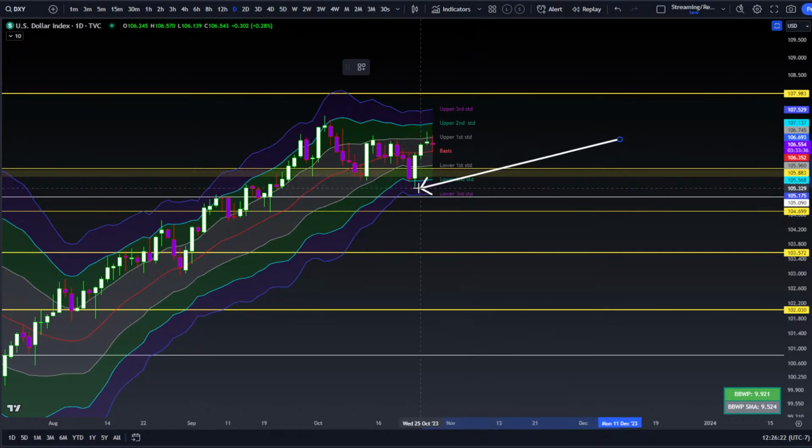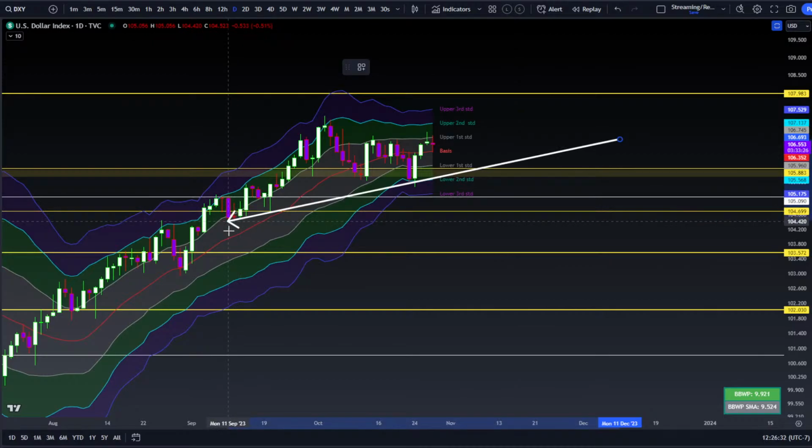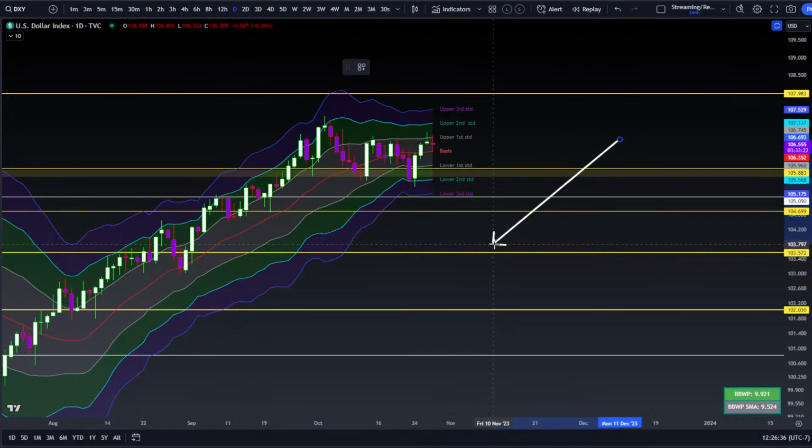Below 105.5, test that low at 105.17, and then we're looking for 105 even to 104.69. After 104.69, we've got a low over here at 104.42, and then we can start looking for a more aggressive downside move into 104 to 103.5 down here.